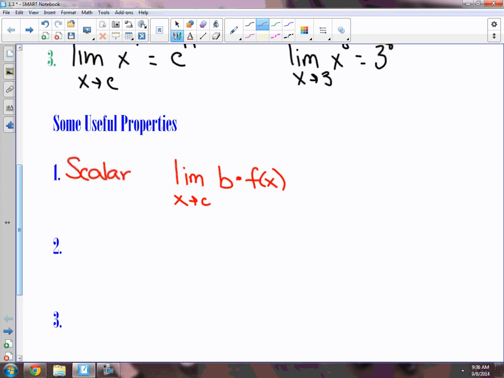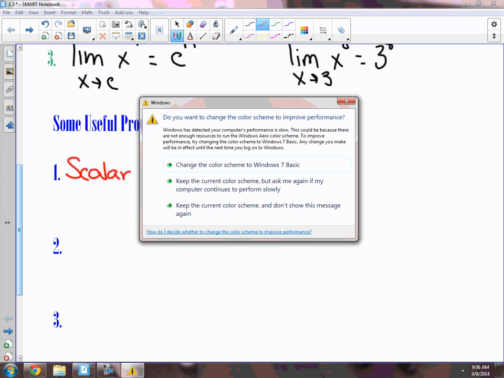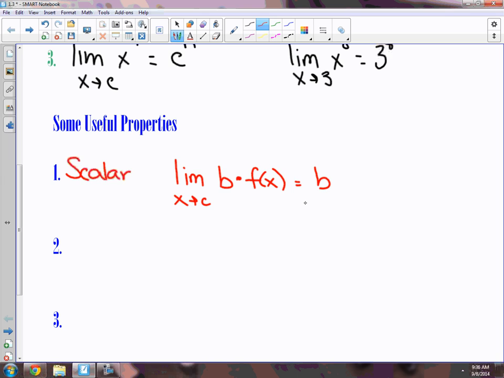So b stands for a constant, so it's going to be some constant times a function. So maybe it's 4 times the cosine of x, or 7 times the natural log of x. There's a scalar out in front of your function. What you can do is you can bring that scalar out to the front and then do your limit. So you can worry about your scalar at the very end.